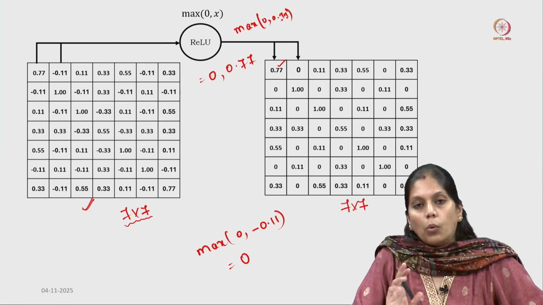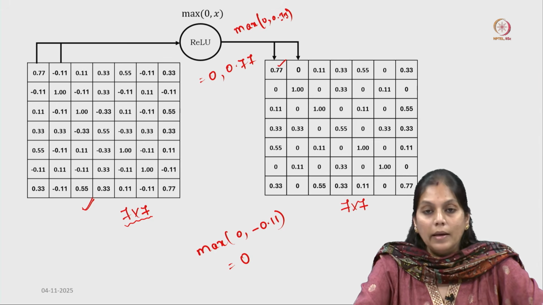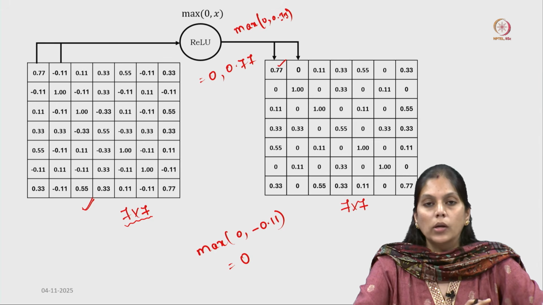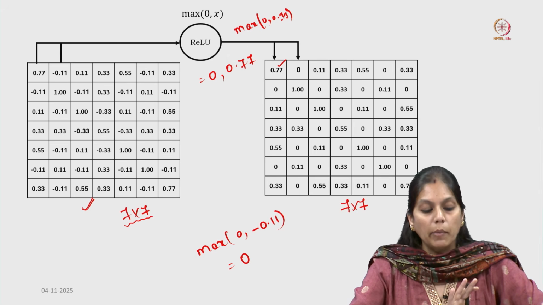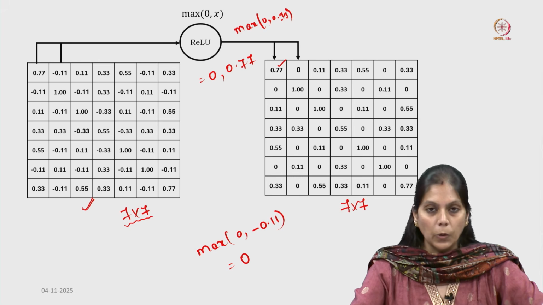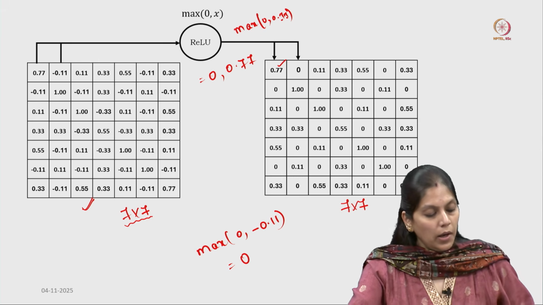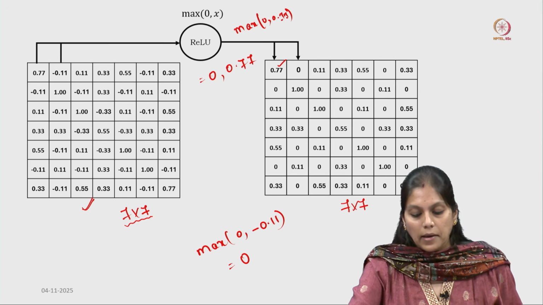So, what you have to understand is that ReLU has no role to play in reduction, or in extraction. This activation function is mainly used to convert all of the negative values to 0. Let us explore in a little more detail why it has to do this, which we will see next.